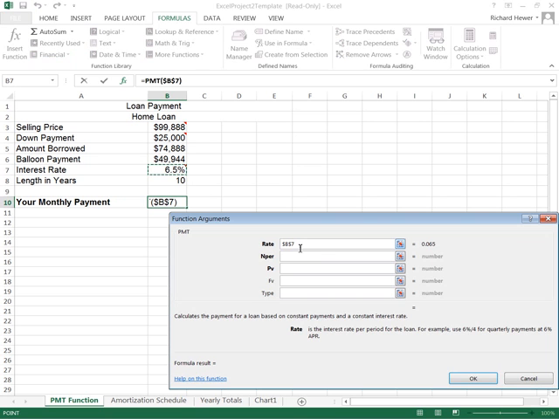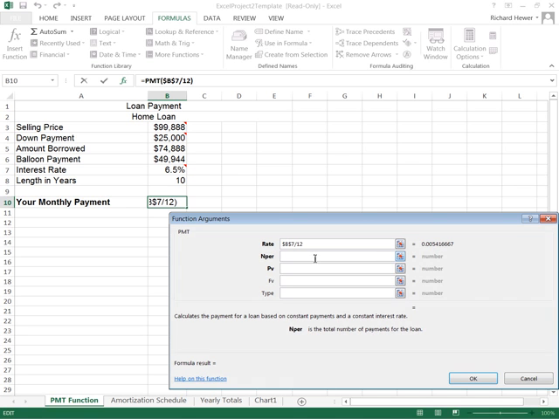Now there's one problem. This is 6.5% per year. We're getting a payment per month. There are 12 months in a year, so we must divide that interest by 12 to get the interest rate per payment, and that will show up as 0.5%.